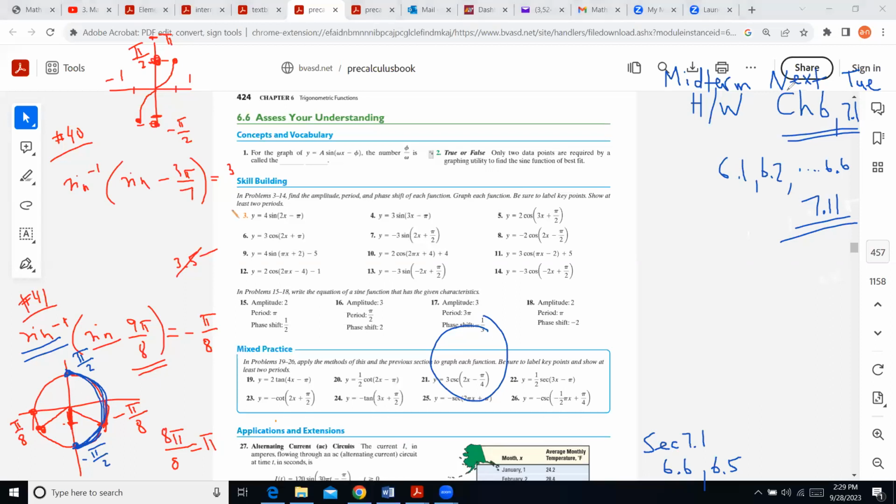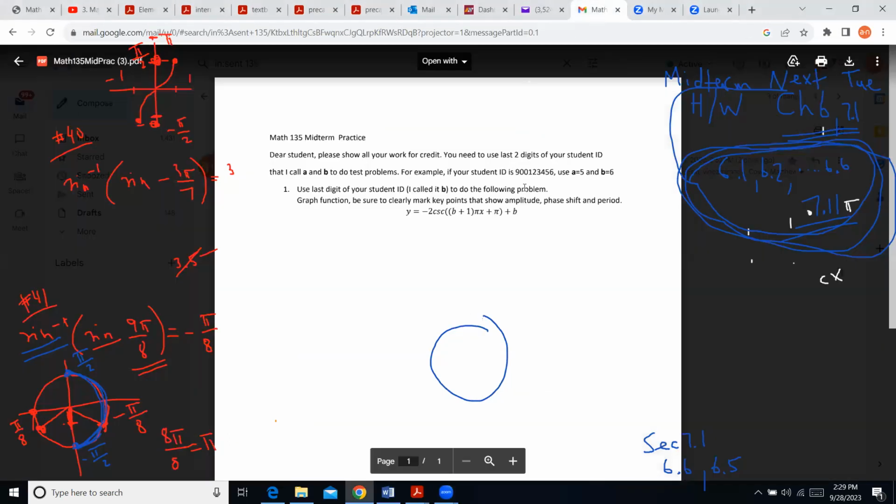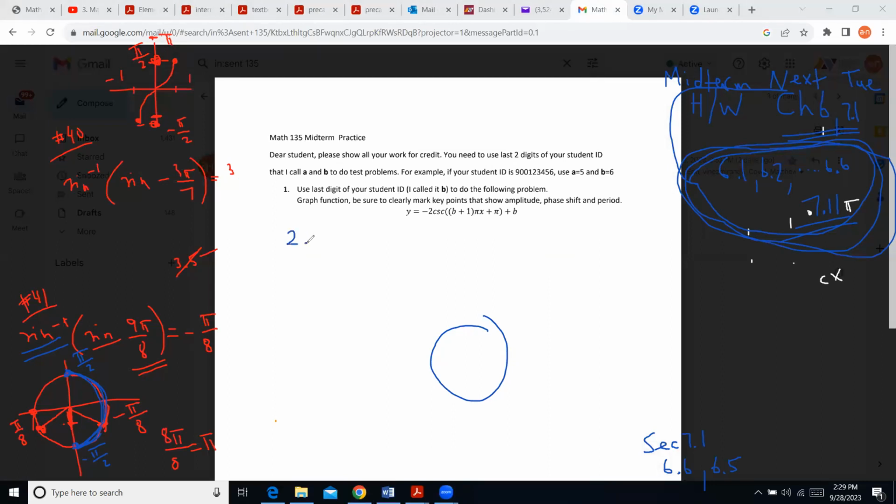Homework is homework. Homework is doing problems from sections 6.1, 6.2, 6.3, 6.4, 6.5, 6.6, and 7.1. The midterm is going to be a two-exercise exam. The exam will have one problem, and then another problem.